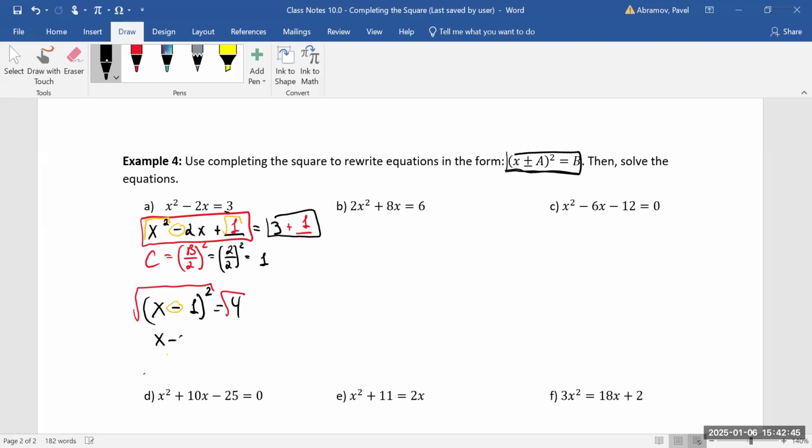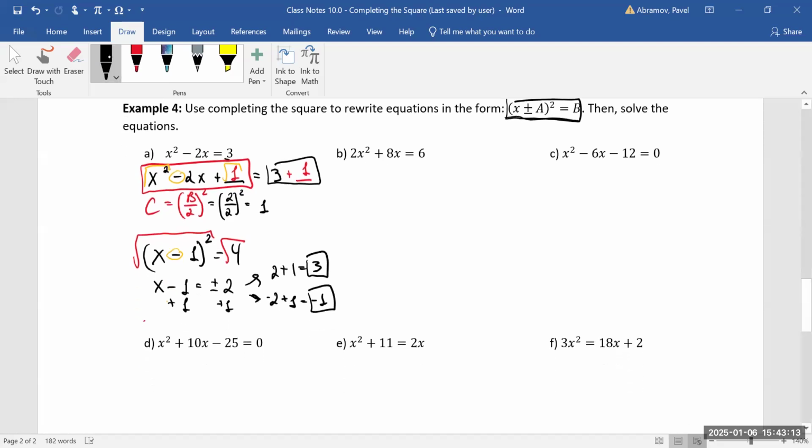Then we'll end up with x minus 1 equals, remember that you get positive and negative 2. And then you add 1 to the other side, but keep in mind you will have two solutions. It's going to be 2 plus 1, which is 3, and negative 2 plus 1, which is negative 1. So we get these two solutions.